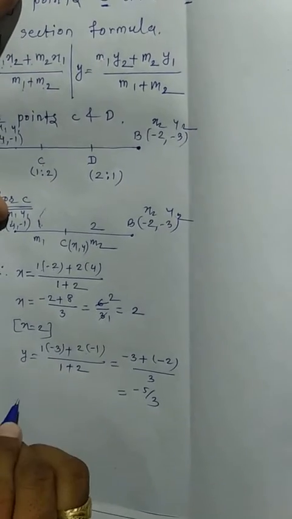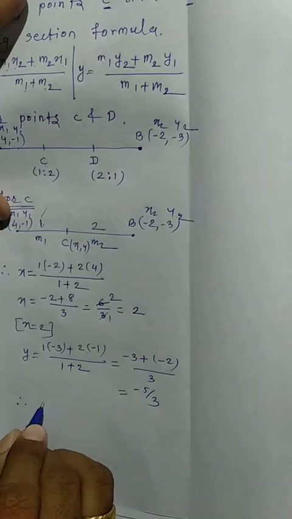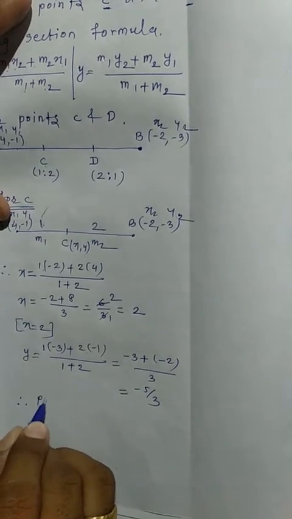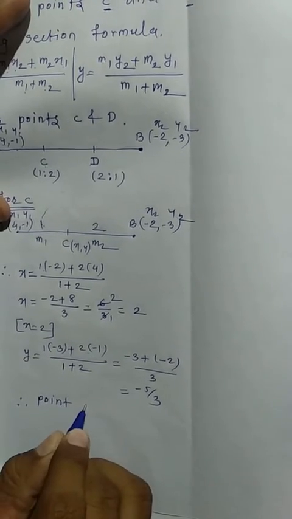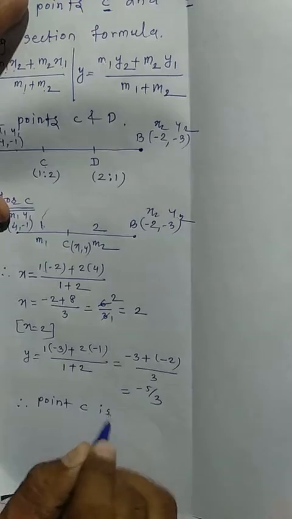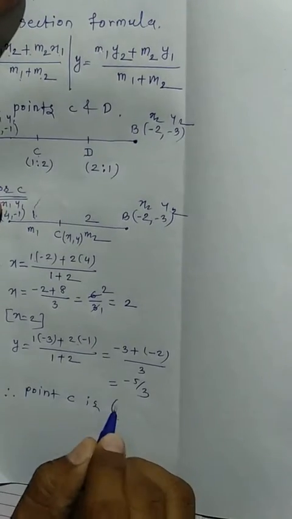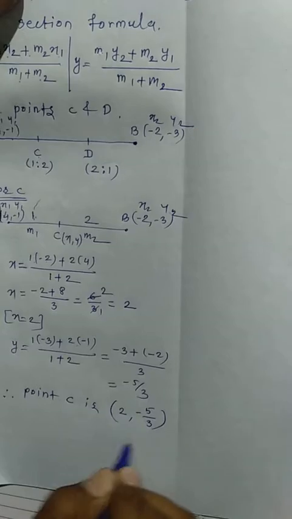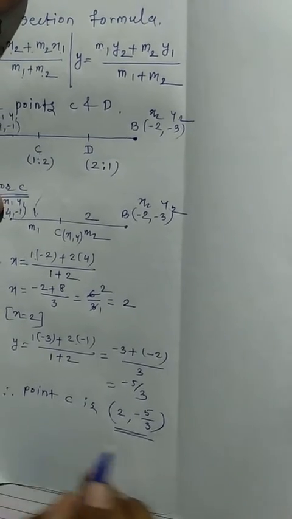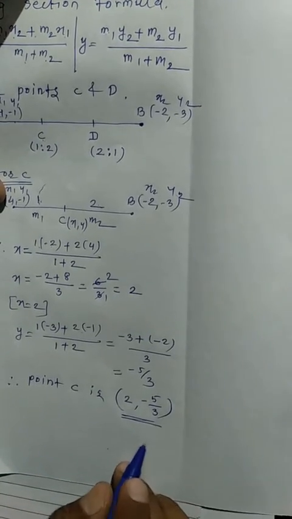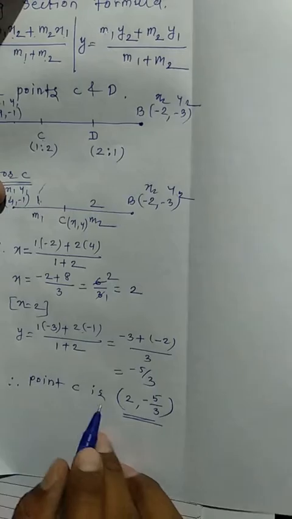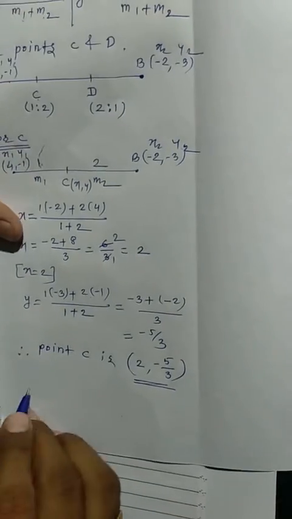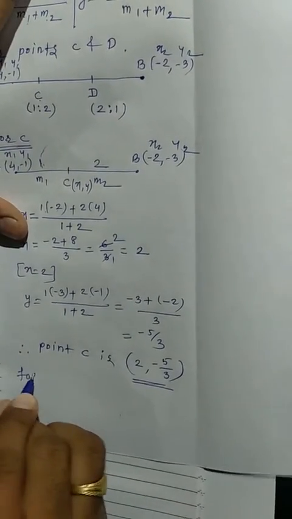Therefore point C is (2, -5/3). So these are the coordinates of point C.